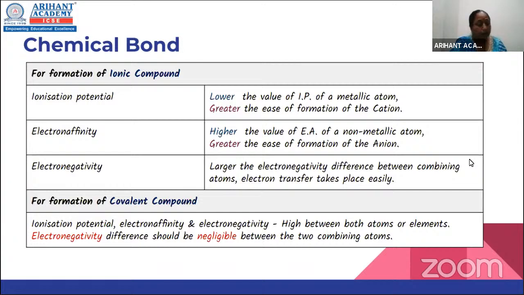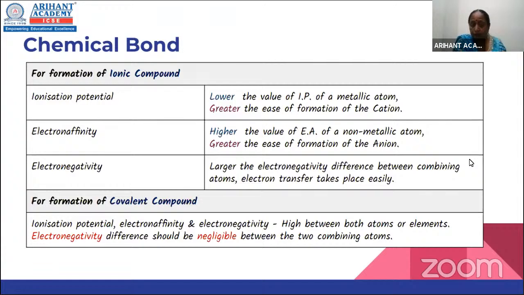Covalent compounds, basically, let's go back to ionic compounds. Ionic compounds are formed between metals and non-metals, that is, an electron donor and an electron acceptor. When this kind of bond forms, it's an ionic compound. A covalent compound is when there is no electron donor, that is, there is no metal involved.